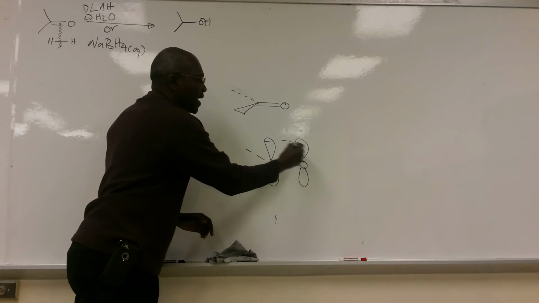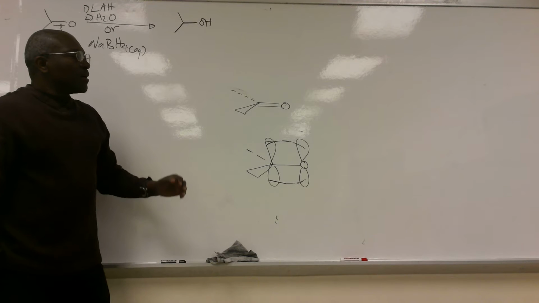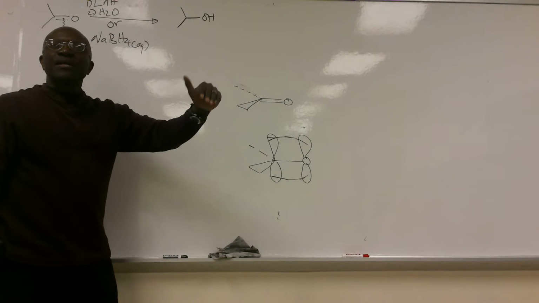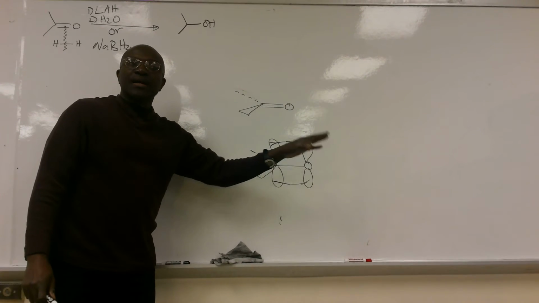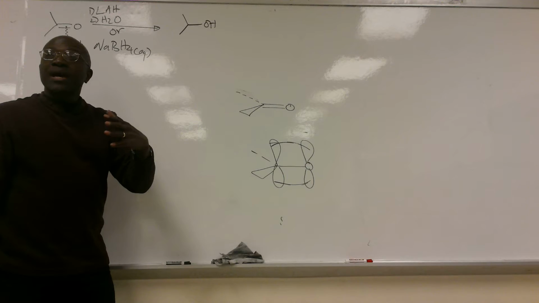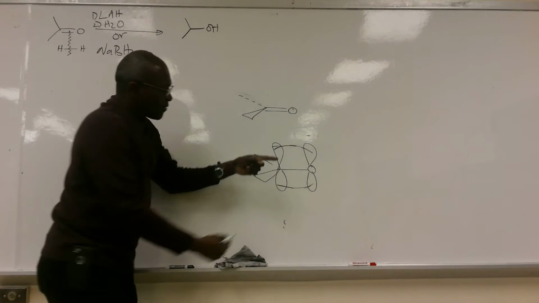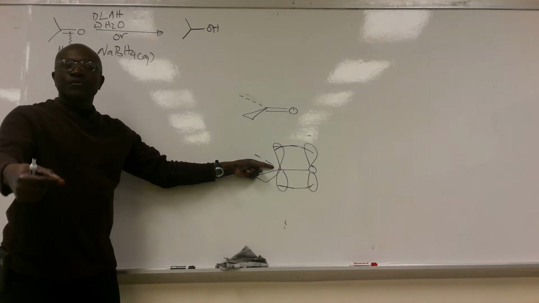So this is my pi bond. That's my pi bond. So anything attacking an sp2 hybridized carbon in a ketone or an aldehyde or in a carbocation has to approach this way. There is nothing here for it. There's no orbital here to interact with.